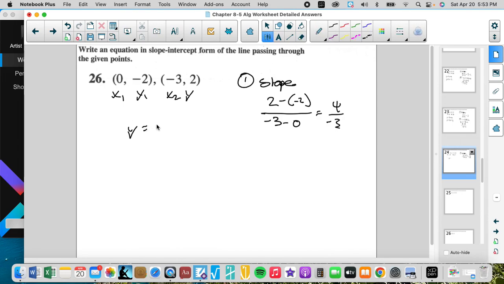Y equals negative 4/3 x plus b. Step 2, plug in a point, 0, negative 2. So negative 2 equals negative 4/3 times my x value plus b. Negative 2 equals b. That's a nice one.